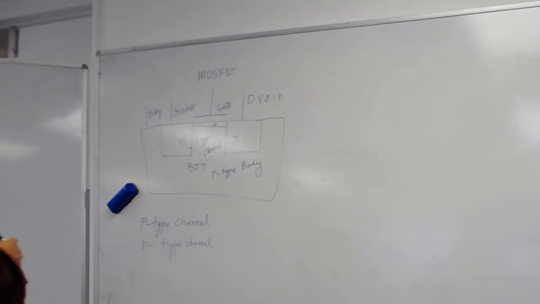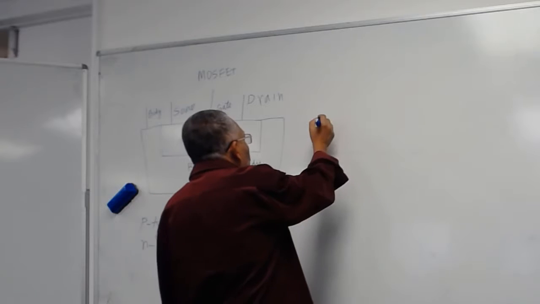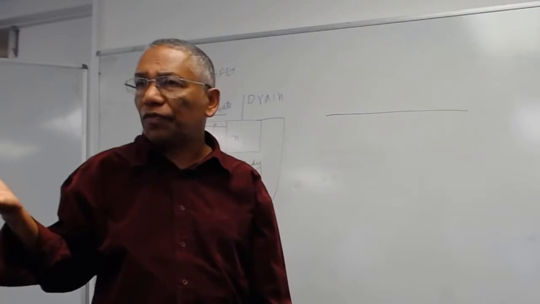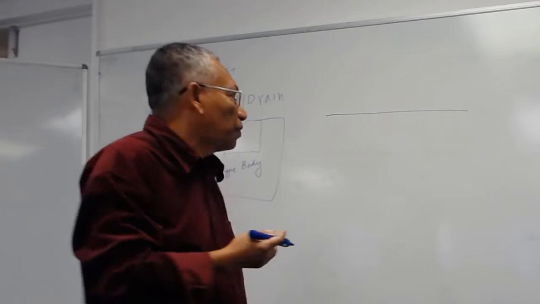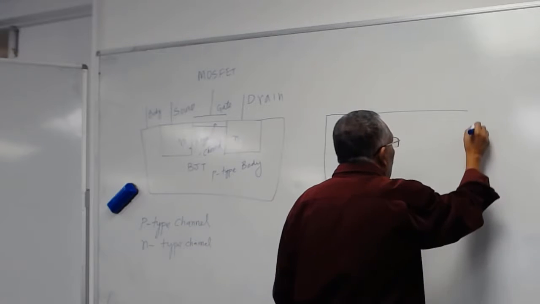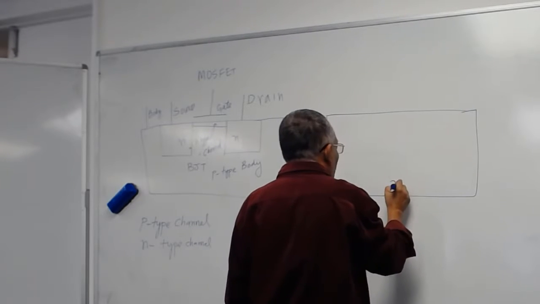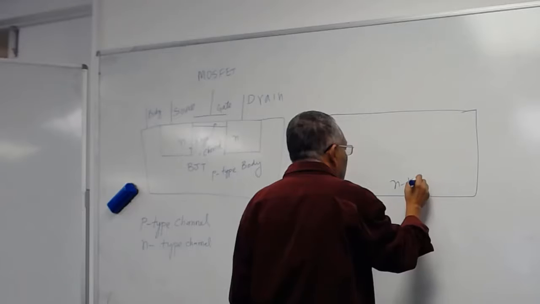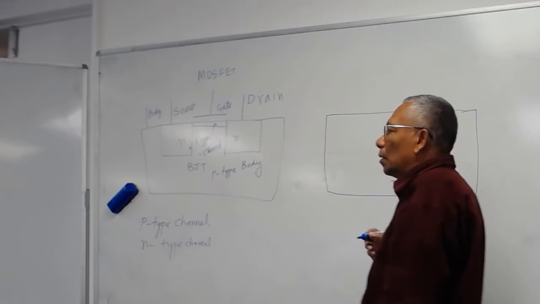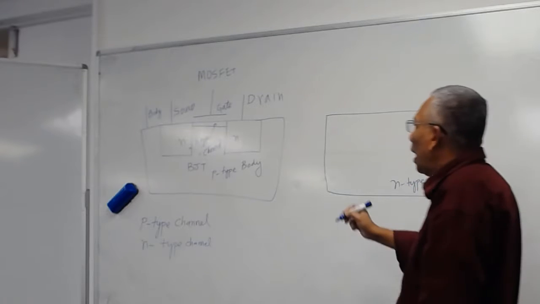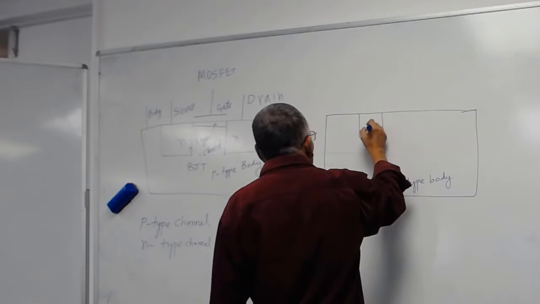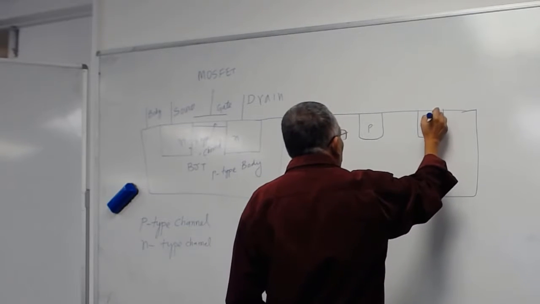If you are thinking about a P-channel MOSFET, then you can draw another diagram here, which we won't study in detail. We'll be mostly studying the N-channel MOSFET. For the P-channel MOSFET, you can simply draw the similar thing, where you have an N-type body. So you have an N-type body, and then you will have P regions here, one P here, one P here.